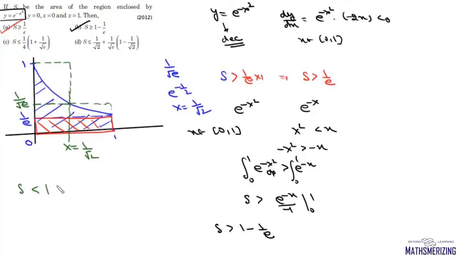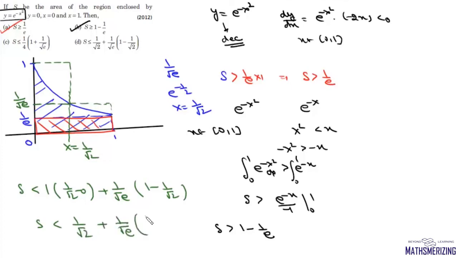Now area of first rectangle will be 1 into 1 by root 2 minus 0, and then plus the area of this second rectangle, which is 1 upon under root e into 1 minus 1 by root 2. So from here we'll say S is less than 1 by root 2 plus 1 upon under root e times 1 minus 1 by root 2, which is your option D. So option D is also correct.